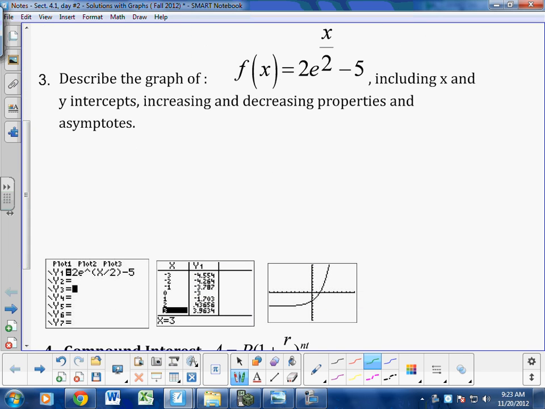All right. Number 3. Describe the graph of f of x equals 2 raised to the power of x over 2, minus 5. So everybody put that in your calculator. I have written it, and I've copied my screen for you. This is how it's got to go in.